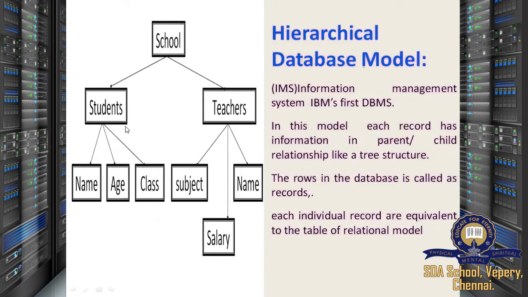One to many. Are you clear? Each individual record is equivalent to a table of the relational model. Here we are storing name, age, and class as one record. So each and every record you are storing is equal to a table in the relational model.